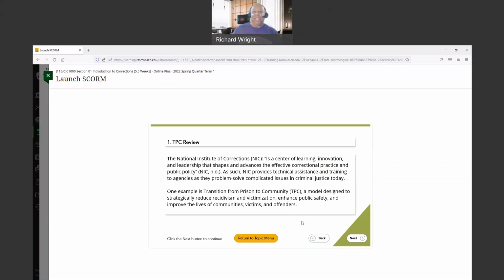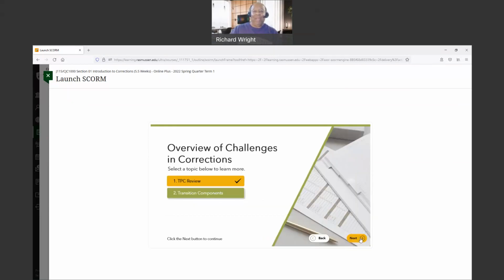So the TPC model is designed to reduce recidivism and victimization and to enhance public safety, as we've been talking about already, to help the community to be a safer place to live, fewer victims and offenders, but positively contributing to the community as opposed to utilizing the community for crime.